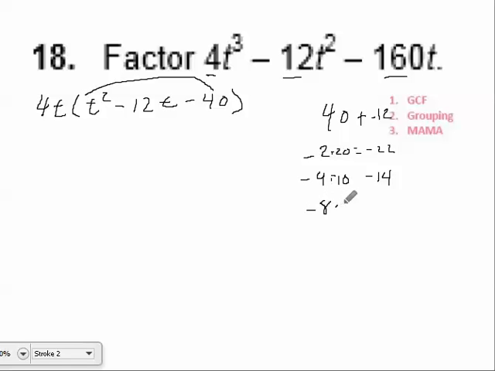Negative 8 times negative 5, that's a negative 13. Yep, still too big. Okay. Let's see here. What else? Wait a second. Oh, wait a second. That's a 3. I forgot to factor the 4 out of that. Why didn't you stop me on that one? Okay. So I'm looking for something that's going to add to a negative 3. I'm sorry.